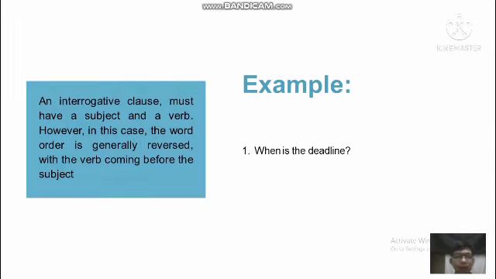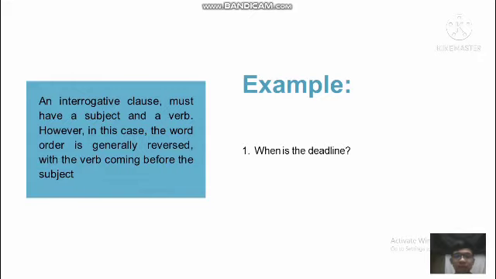For example, "When is the deadline?" The subject of this phrase is "deadline," and the verb is "is."